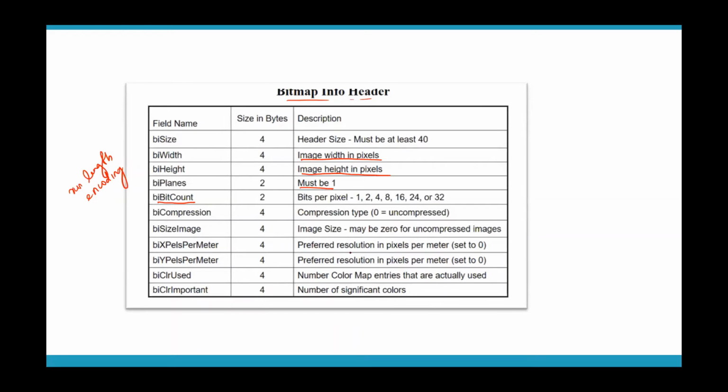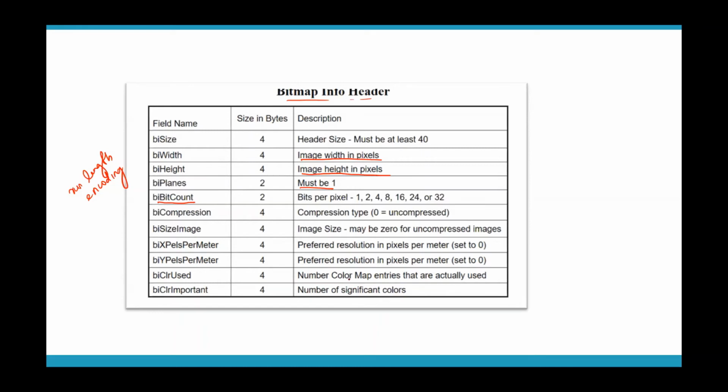Okay, then you have the resolution, preferred resolution in pixels per meter, in the x dimension and in the y dimension. The next two fields are about the preferred resolutions in pixels per meter for the x dimension and for the y dimension.